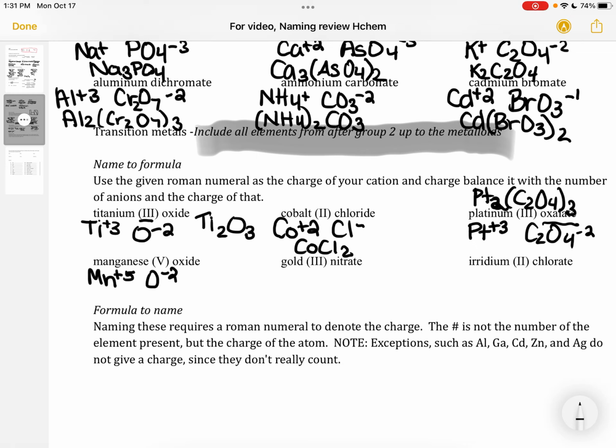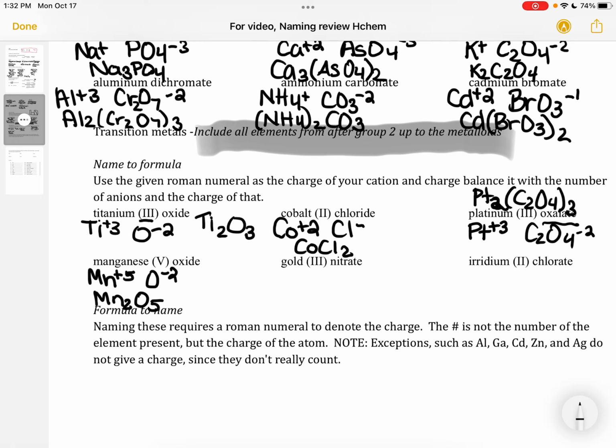So to get these to meet up, I'm going to need to meet at 10. Okay, so I'm going to need 2 manganeses and 5 oxygens to meet up at 10. Okay. 5, you might get as high as 7, but very rarely get above 5.